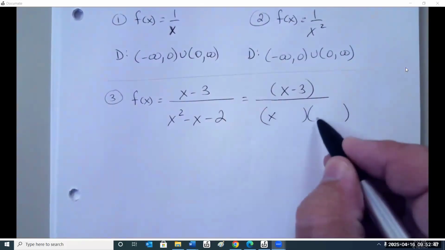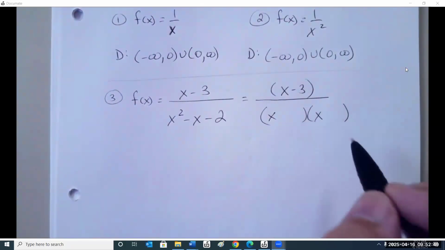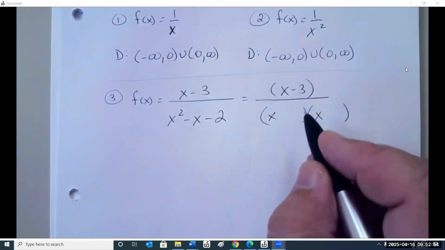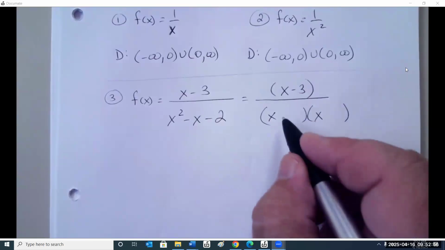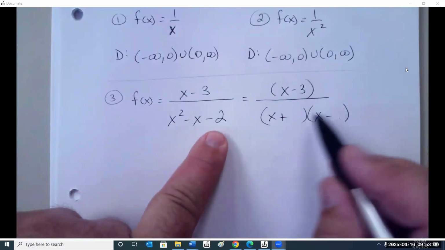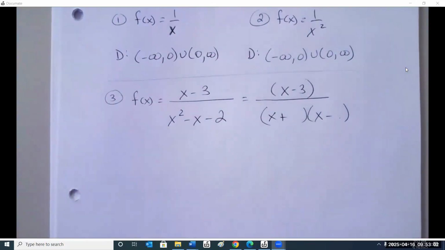So it becomes x's, right? With signs? Both the same, but it's not the one. The opposite, so it's close. It has to be opposite because think about it. This number times this number has to be negative. Only way it's positive is if they're opposites.